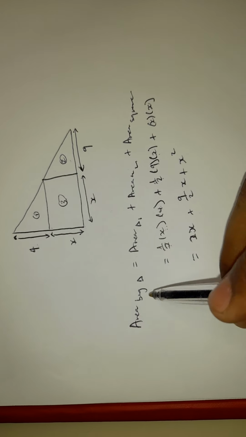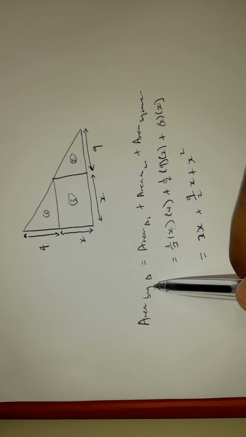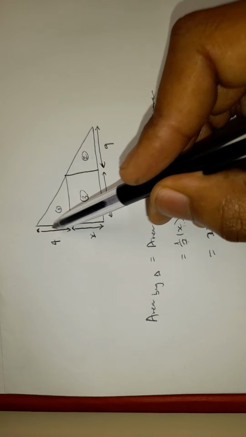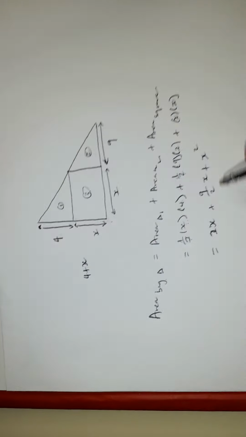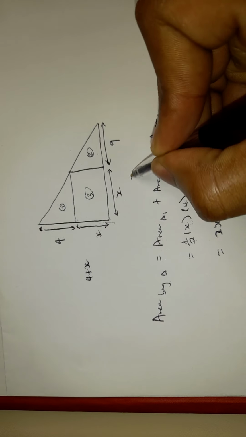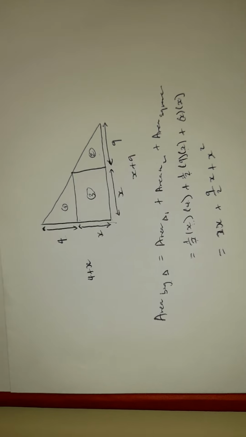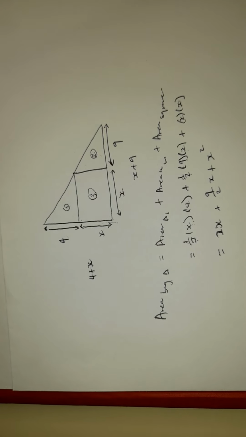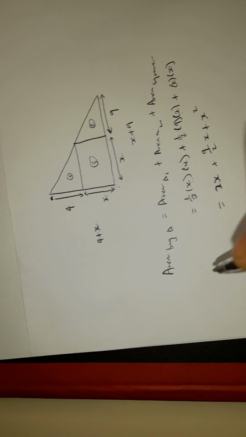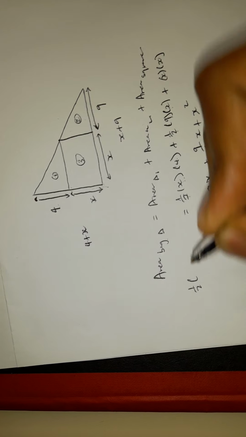And the area of the big triangle, as you can see, the whole of this side is going to be 4 plus x if we add it, right? And the whole of this side is going to be x plus 9, right? So the area of the big triangle is going to be half. What is our base?